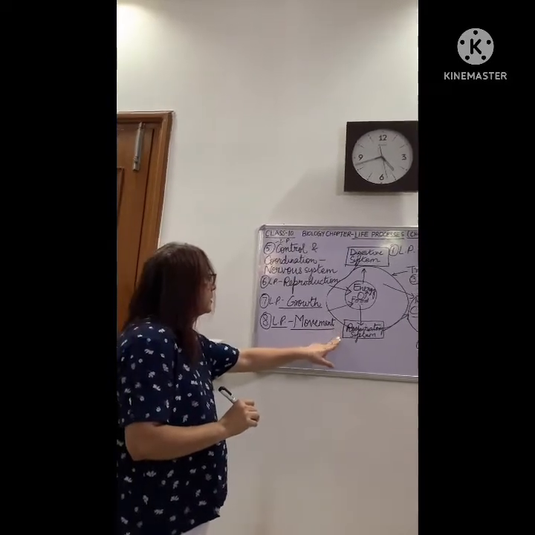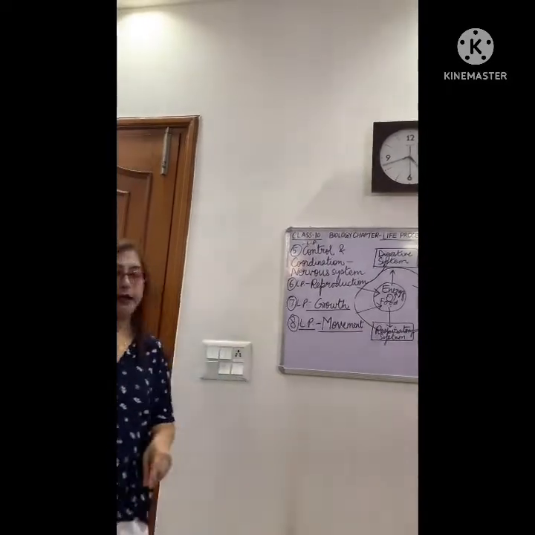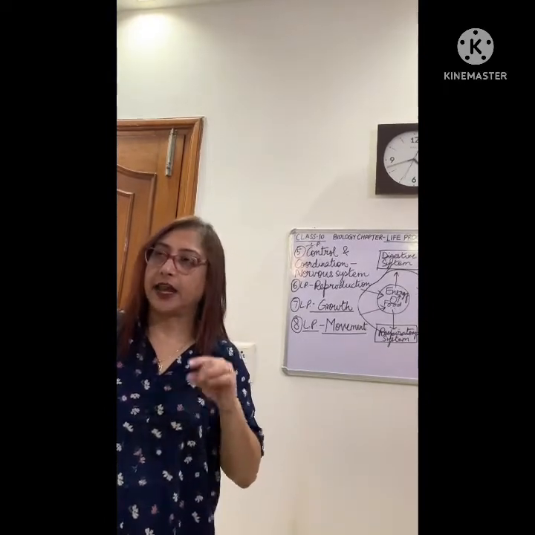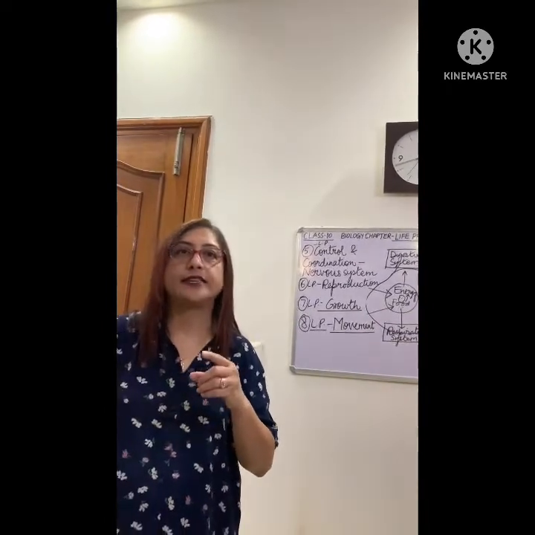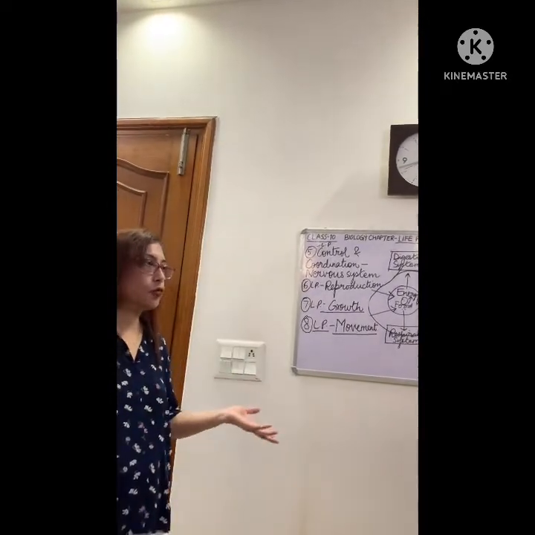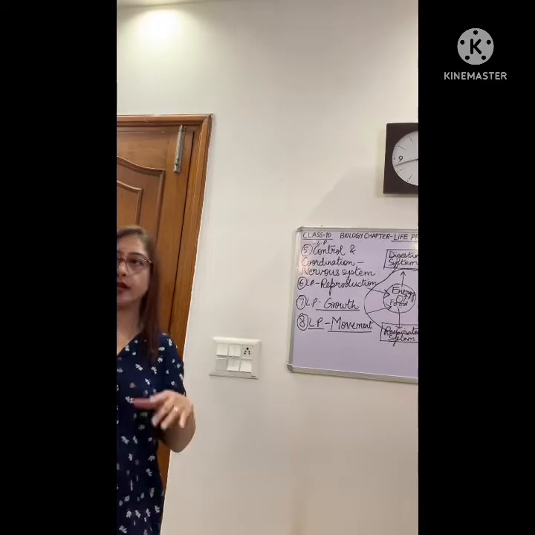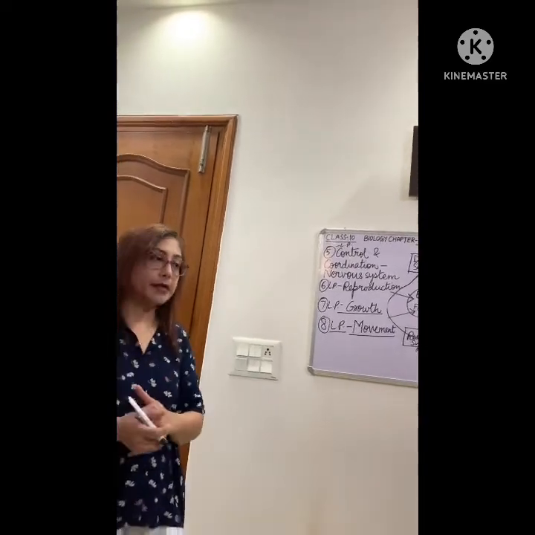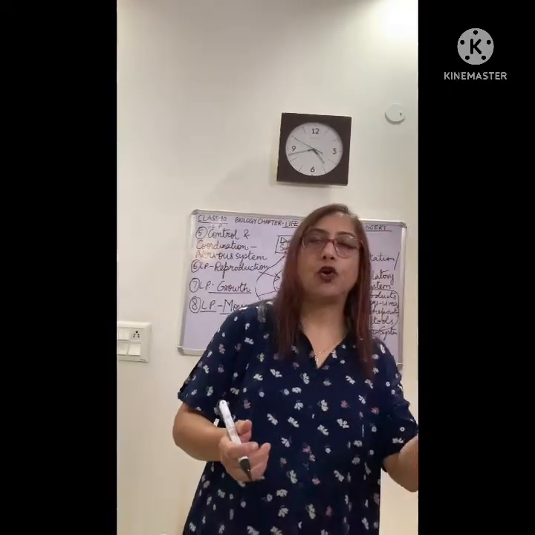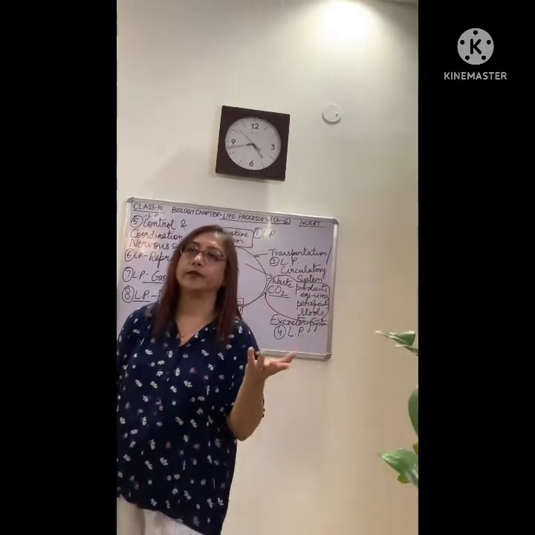Movement. Any living thing, we call a thing a living thing only when it is capable of moving. We know about animals and humans. We have seen them moving, eating, talking, everything. But the only problem is plants. How do you say that plants are moving?